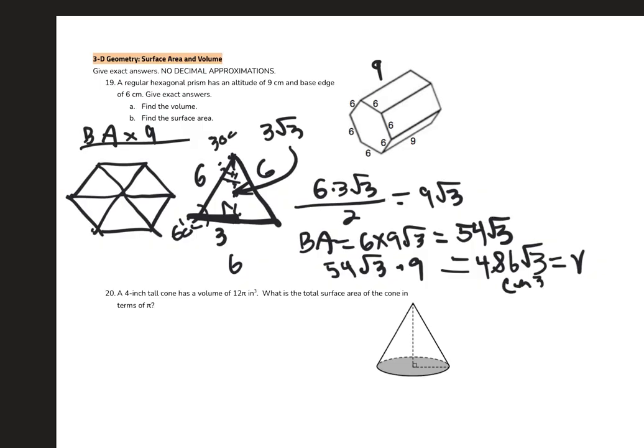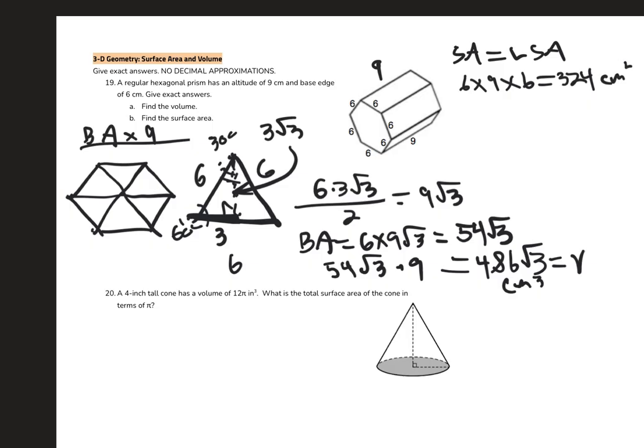Okay, the surface area is going to be equal to the lateral surface area, which would be the area of all 6 of these side rectangles, each of which is 6 by 9. So we have 6 by 9, and then we have 6 of them, and so that's going to give us 324 centimeters squared.